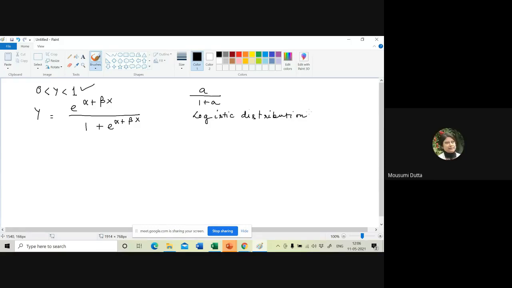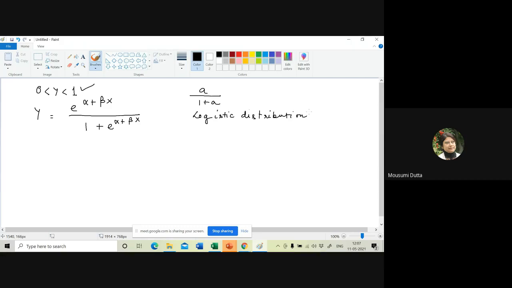From the ratio, you have to understand that you need to bring in the a by 1 plus a format. So in that case it will lie between 0 and 1. Did you understand that? Yes. Okay. Now you have to take it to a regression format. If you write alpha plus beta x divided by 1 plus alpha plus beta x instead, you cannot take it to the regression format. Ultimately, on the left you need a format of y, and on the right a format which will indicate a constant plus a coefficient multiplied with a variable plus error. In this structure you need to put the matter.